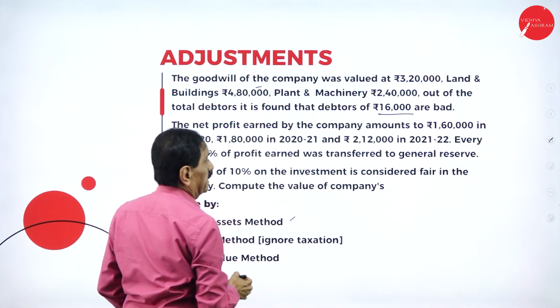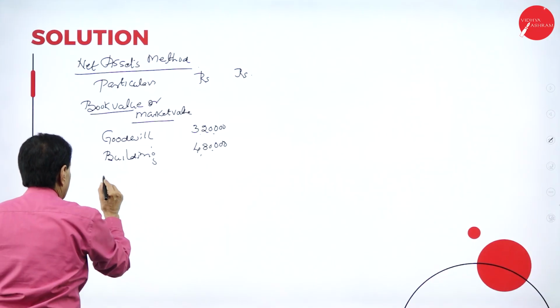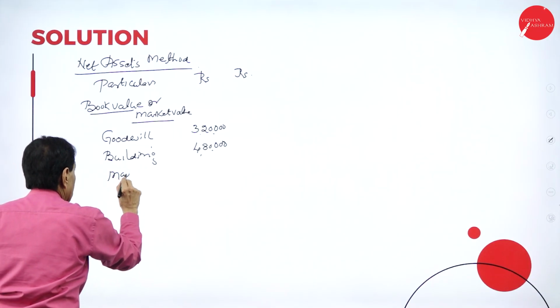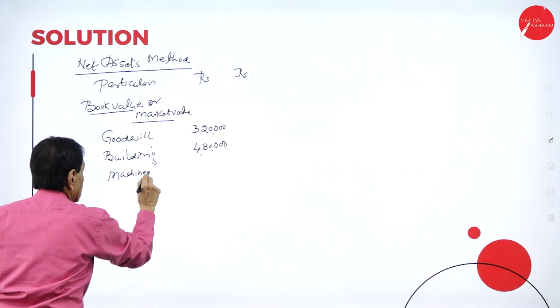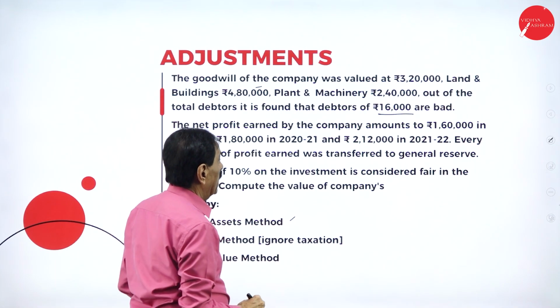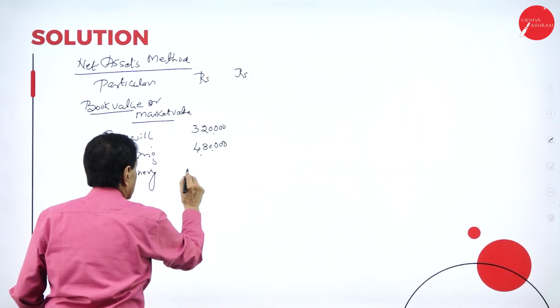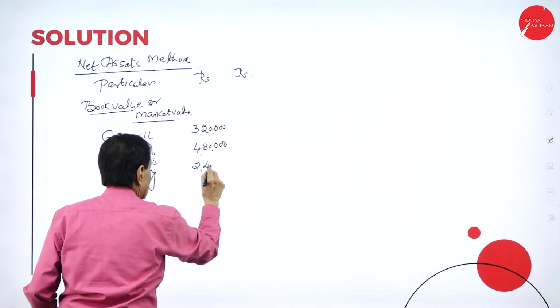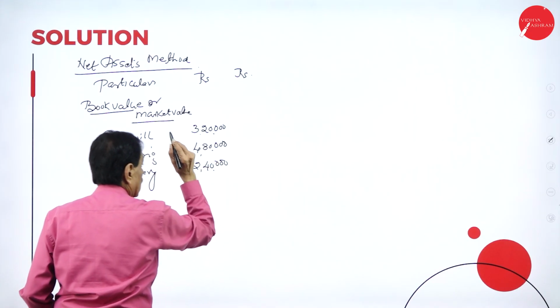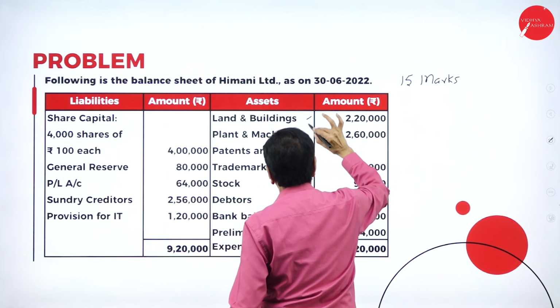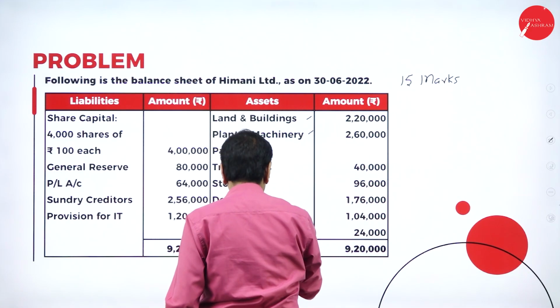Then plant and machinery, 2,40,000. So machinery over, patent and trademark they have taken. Debtors I will take.